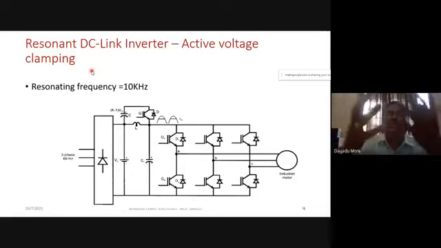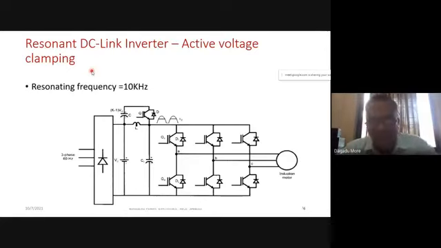If the voltage across the capacitor exceeds 2 times VD, the same voltage will appear across the device, so the device voltage rating will increase.